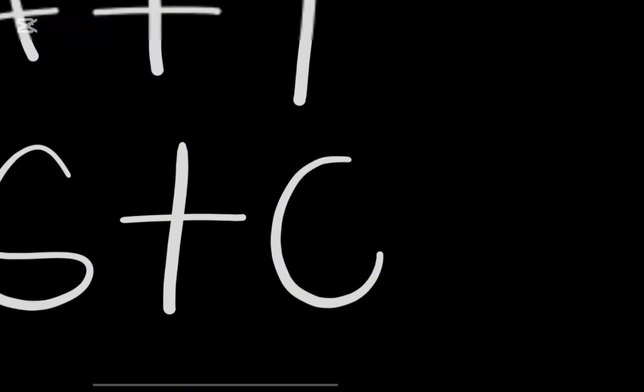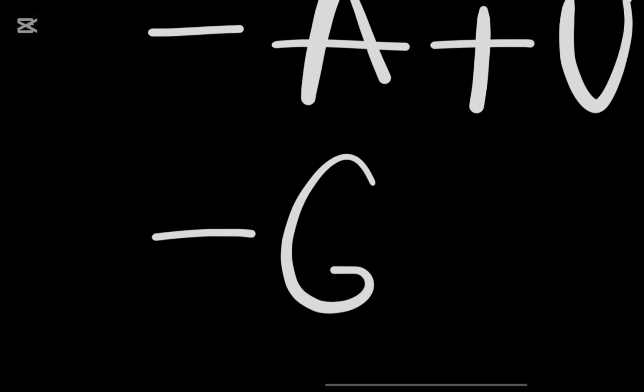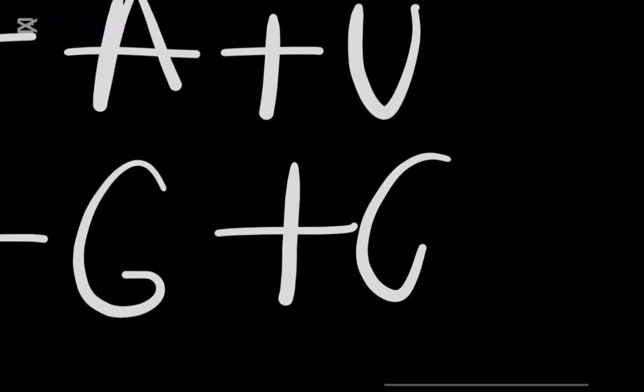Guanine pairs with cytosine. And then in RNA, same thing, but we replace thymine with uracil. Adenine pairs with uracil. Guanine pairs with cytosine.